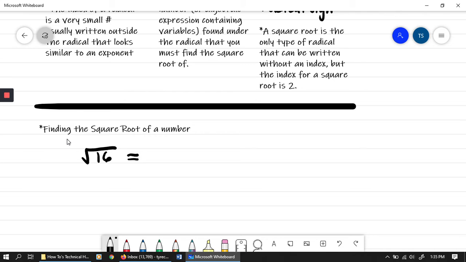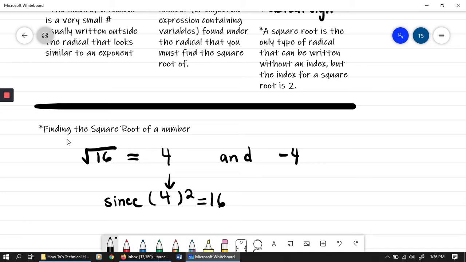So positive 4 is a square root of 16, but also negative 4 is a square root of 16. Let me explain a little bit. If you think about it in reverse, positive 4 squared equals 16, right?